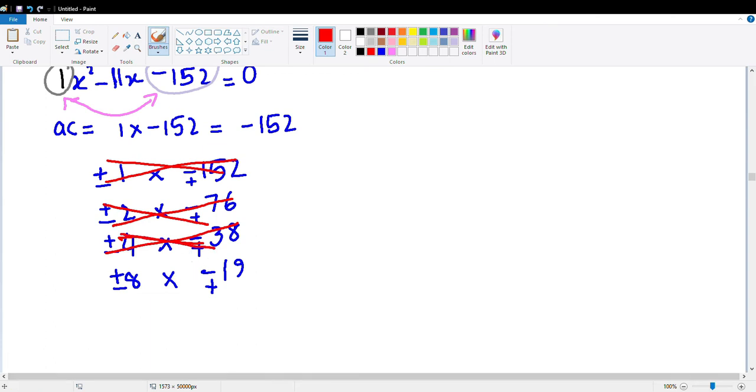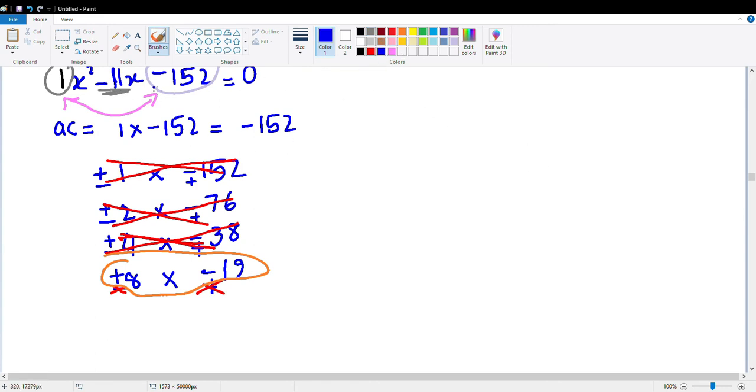And then we have plus 8 and minus 19. That'll give us minus 11, and that's exactly what we want. Negative 8 plus 19 will give us positive 11, and that's not what we want, so cross that out. Plus 8 and minus 19, that's the one. You can see right here, that's what we needed.